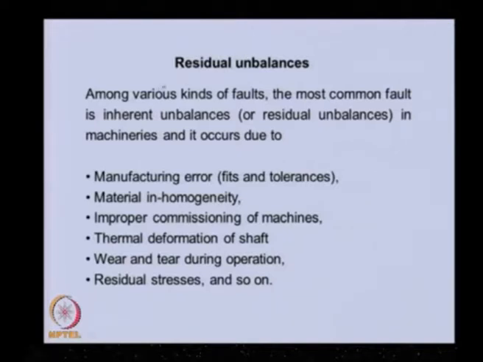This is the most common fault amongst the various kinds of faults, and it occurs because of a variety of reasons, like manufacturing error, and fits and tolerances which we give in various machine components. We may have material inhomogeneity, improper commissioning of machines, thermal deformation of the shaft, wear and tear during operation, residual stresses, and so on. So there are many reasons because of which residual unbalance may come into the system.